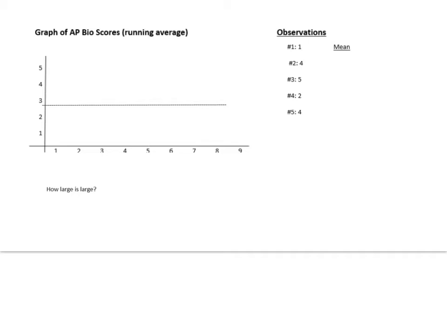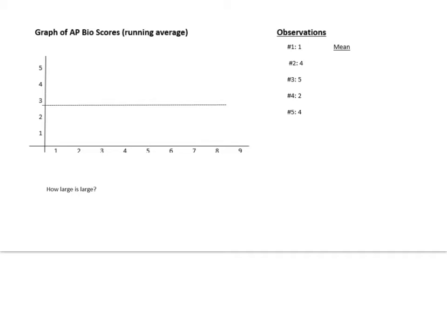What you'll notice over on the right-hand side is some individual observations for values of X: trial 1 producing a value of 1, trial 2 producing a score of 4, then a 5, then a 2, then a 4, and so on.